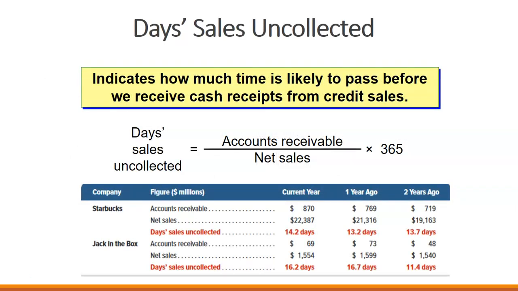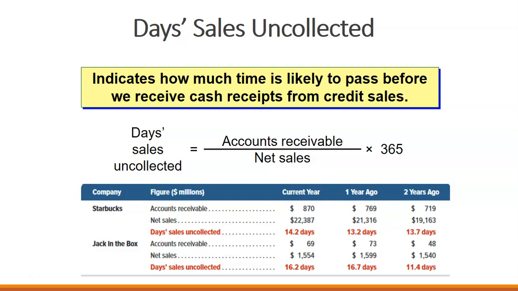So how we figure that out is we divide our amount in accounts receivable by our net sales and take that figure times 365 days. So how much time is likely to pass before we receive cash from our customers who buy things on credit?